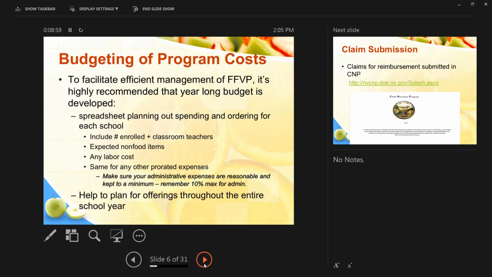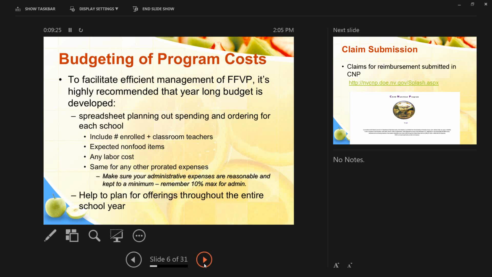You'll want to think about, there's a requirement to serve 2 days a week. So looking at your school holidays, calculating out how many weeks you'll need to do that for. You'll also want to figure in any expected non-food items, any labor costs, and that's again for preparing and serving the fruits and vegetables. And then you want to calculate in any prorated expenses that you're anticipating.